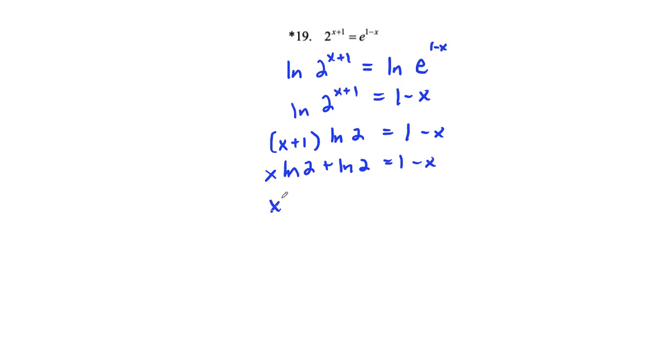So I'm going to end up with x natural log of 2 plus x is equal to 1, and I'm going to take this natural log of 2 and move it to the other side. I'm going to do all of my algebra work first and type it in my calculator at the very last moment. So here I'm going to factor out an x because both terms have x in them. That's going to leave me with x times the quantity natural log of 2 plus 1 is equal to 1 minus the natural log of 2.